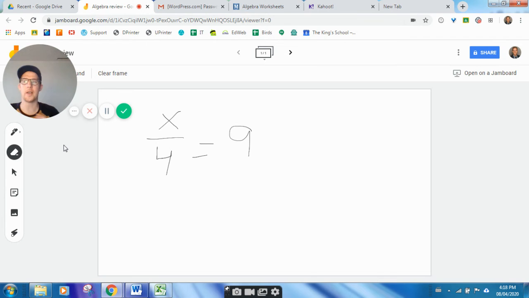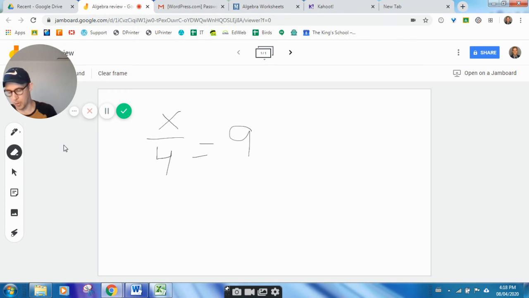You're looking at a division problem, and the opposite of division is multiplication. So you know that you're going to have to do multiplication. The second thing I want you to notice is that this is going to be a fraction when we're done with it. And this fraction is going to be an equivalent fraction to 9. It's going to be an improper fraction, but it's going to be equivalent to 9.